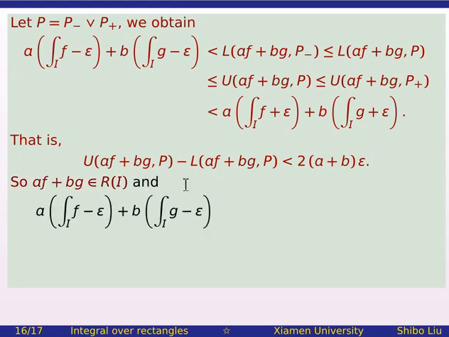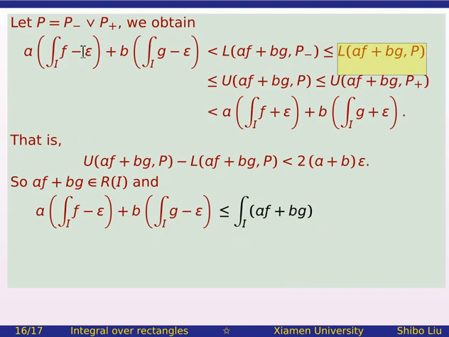Okay, then we also need to obtain the integral of the linear combination. So our previous result we can copy. How to copy this? Here, why do we have this inequality? Because the integral of the linear combination is greater than the lower sum.